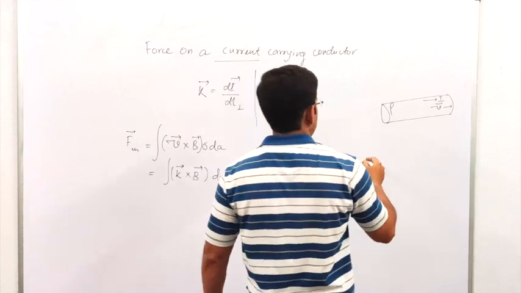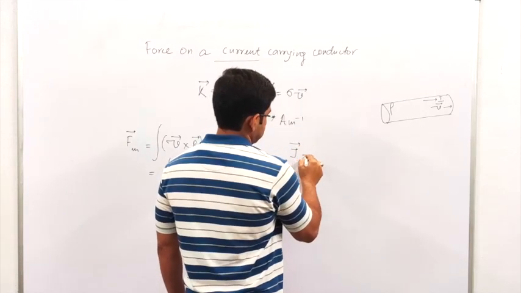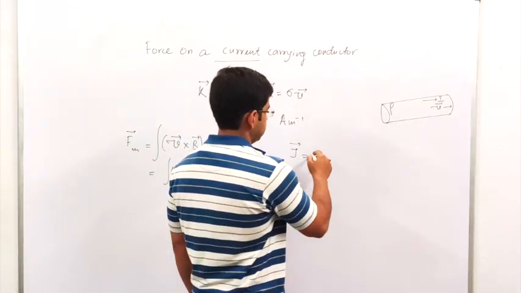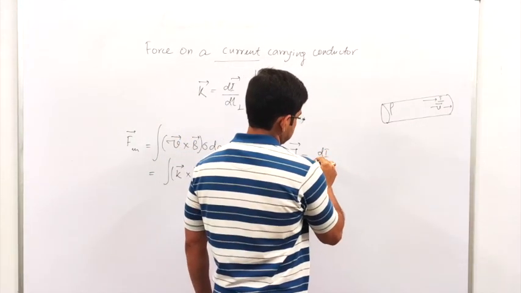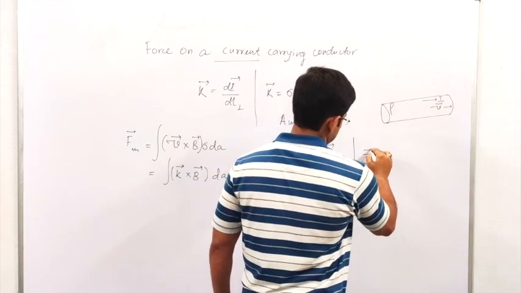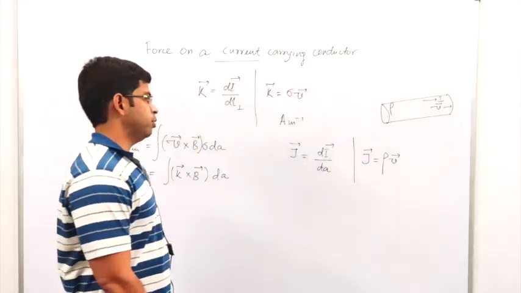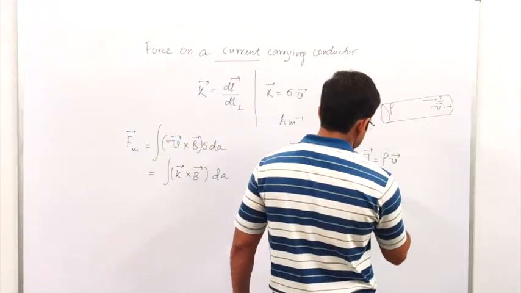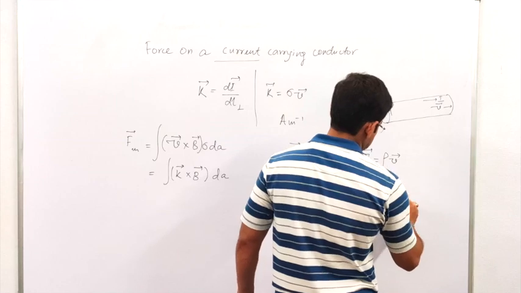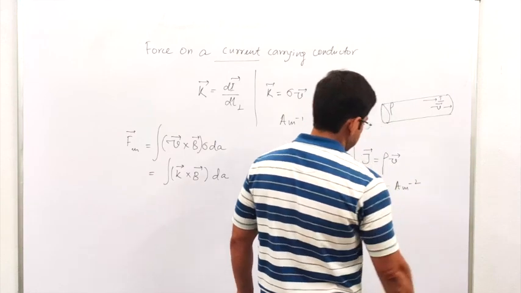Then we can define a quantity J as dI by dA. Also, J may be defined as rho multiplied by v. In both the cases, J has the unit ampere per meter square.